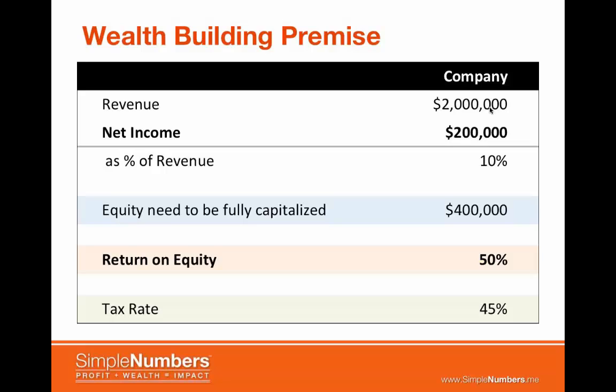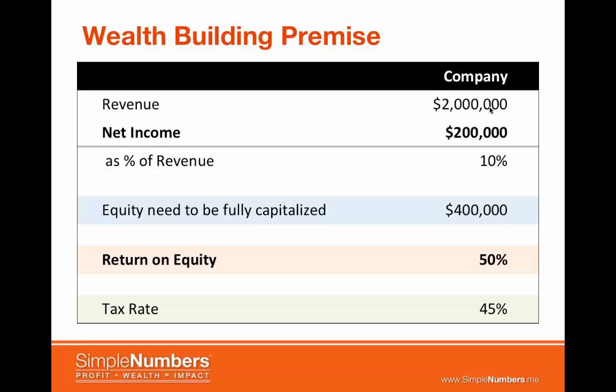You actually have $200,000 of additional cash over and above what you need that you could choose to harvest out of the business, or you could choose to reinvest some of that into the business to make bets on growing your business by opening a new location, buying a piece of equipment that's expensive, hiring a new executive that's going to help you build a new territory, and you have to fund their salary for a period of time until they become effective. You name it. All of those things, to do new software development, to improve processes, pick whatever it is.